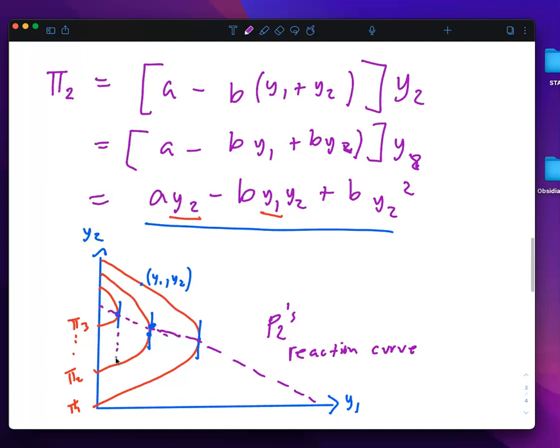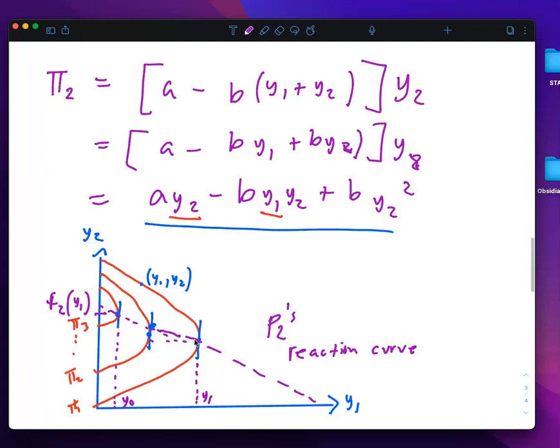So at this level of y1, player 2's reaction is going to be at the level f2 as a function of y1. And same with here, here's another point.